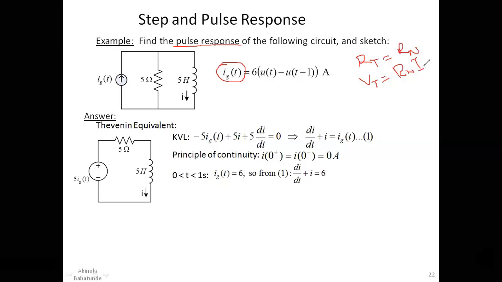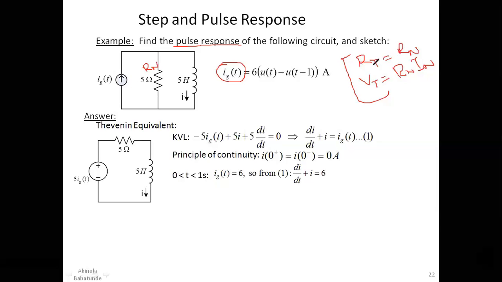Correct me if I'm wrong, but I think it's IN times RN. We can use this to convert a Norton circuit to the Thevenin circuit. From this here, this is going to be our Rn, so our Rn is equal to 5 ohms.